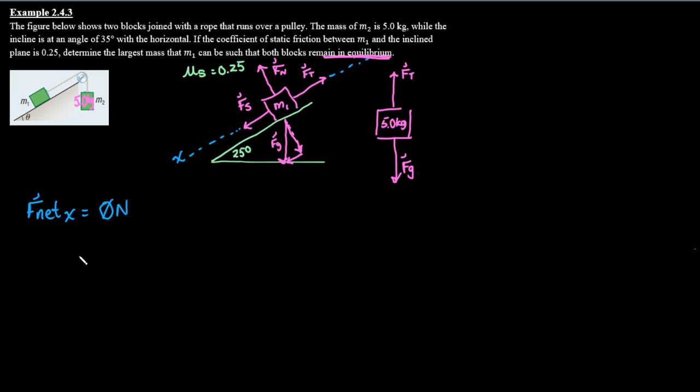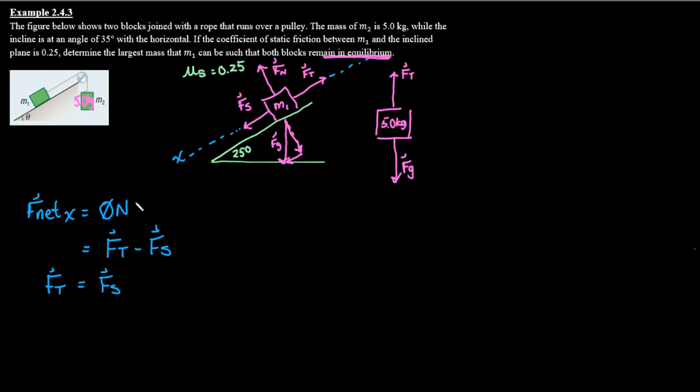And in that direction, you'll notice we have the force of tension minus that force of static friction. So in this case, we know that the force of tension in the rope is going to have to equal that force of static friction.